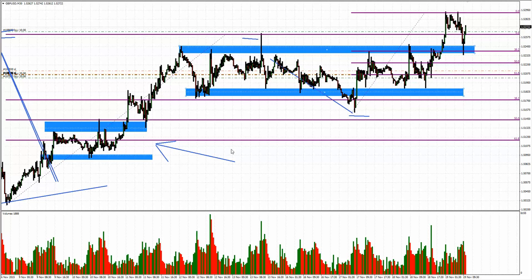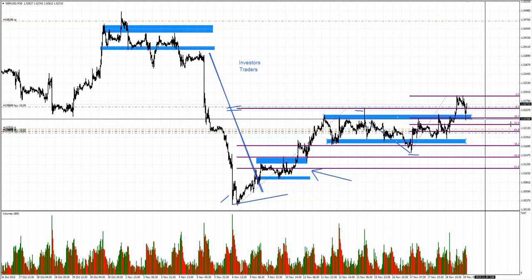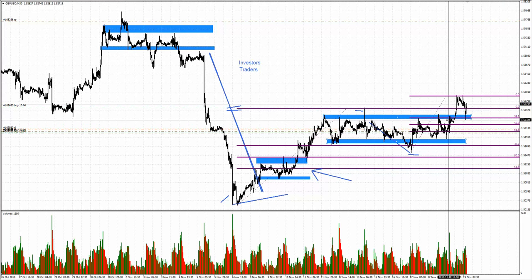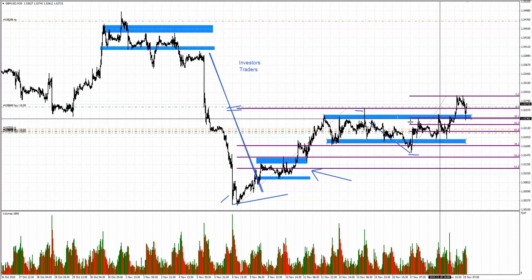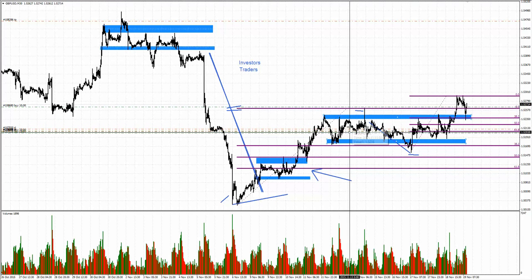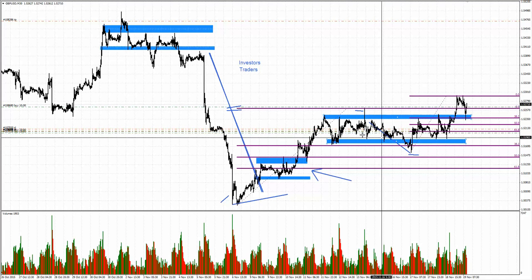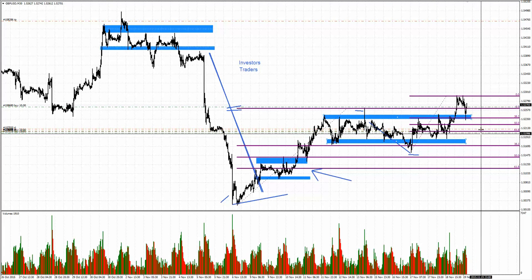And by the way, on the cable, again, I'm bullish. This is a retest of the big cluster after the breakout of the trading range, which is a clear reaccumulation here, worth about a few hundred pips, 300 to 500 pips.